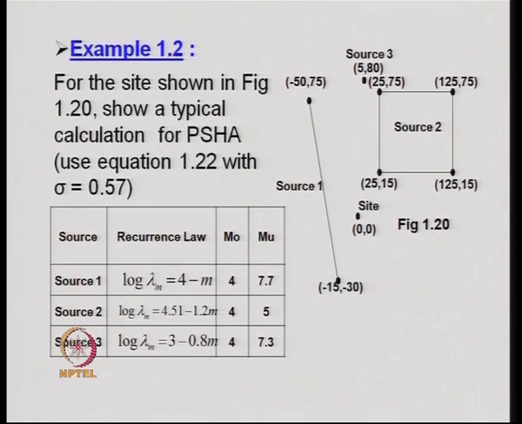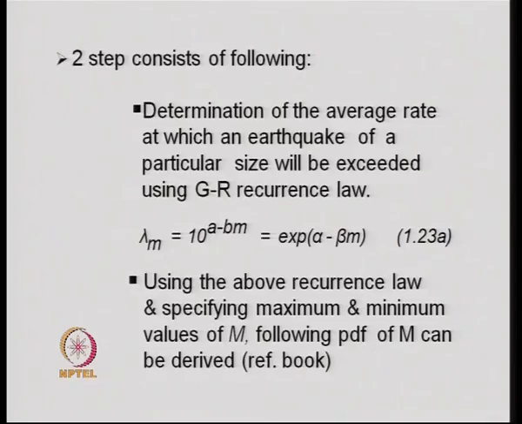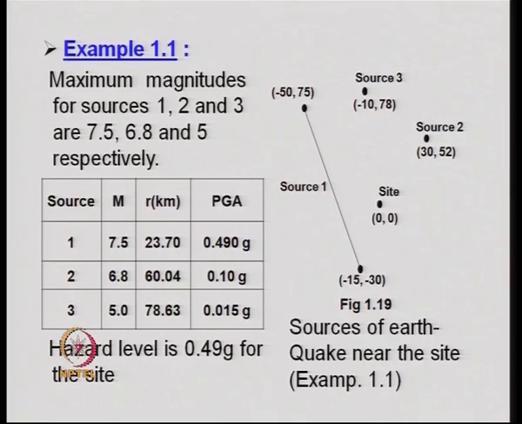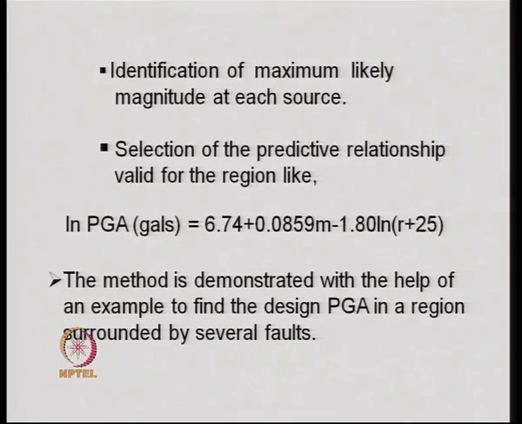We have to perform a typical calculation for PSHA, and for that the attenuation relationship that we used for the case of DSHA, that is this equation, ln PGA is equal to 6.74 plus 0.0859 m minus 1.80 ln of r plus 25.